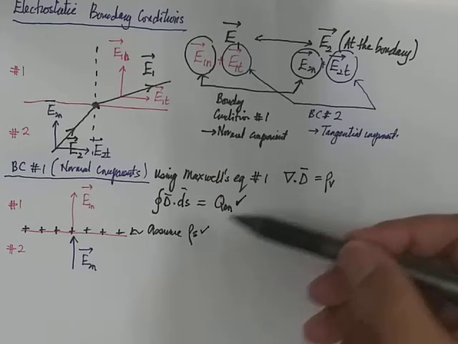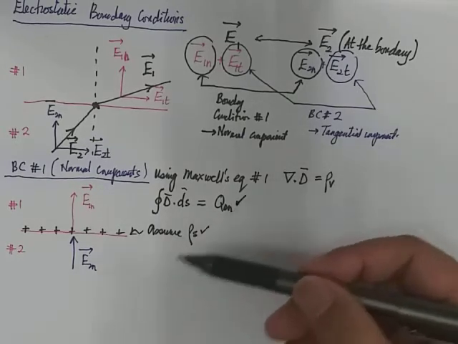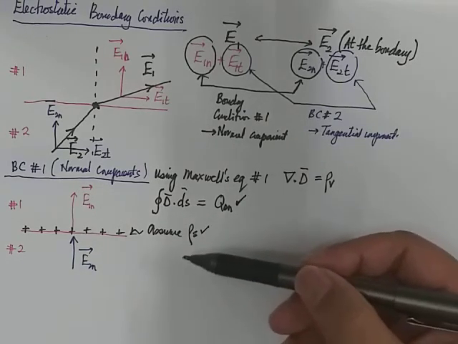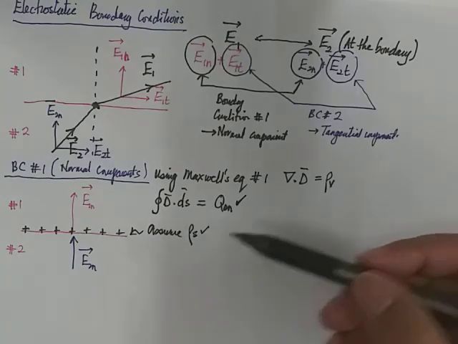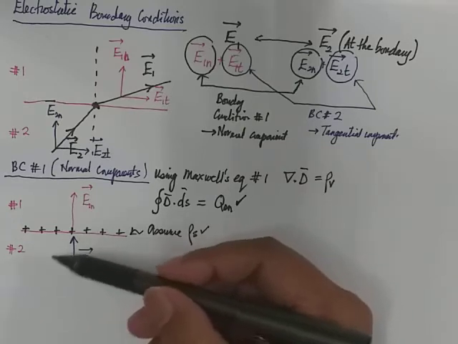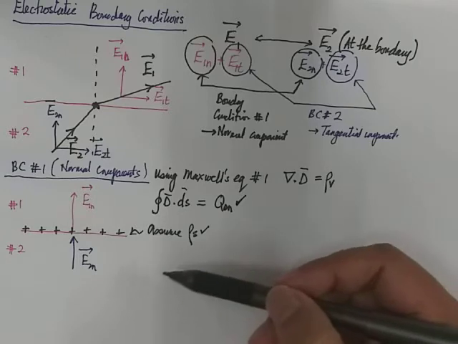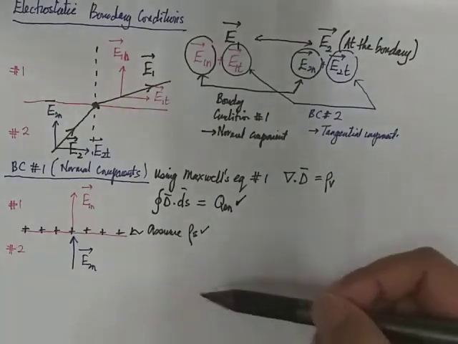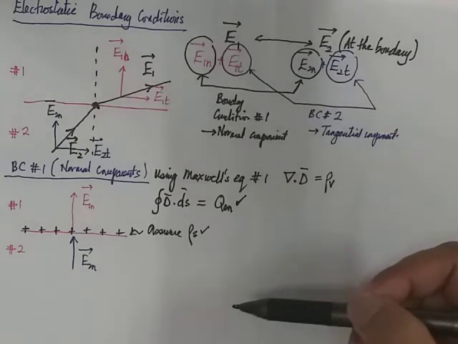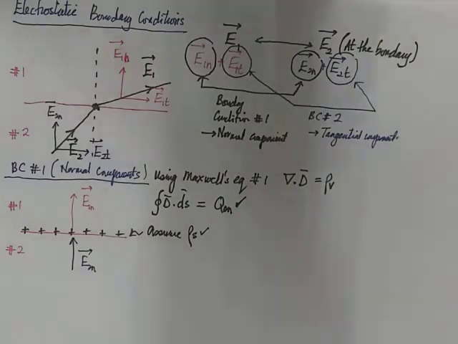This assumption will not affect our result, because if there's no surface charge in our actual problem, in the final equation that we develop here, we substitute rho S equal to 0. So it doesn't matter. We just create a general equation now.